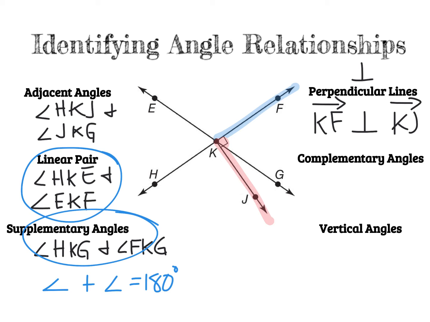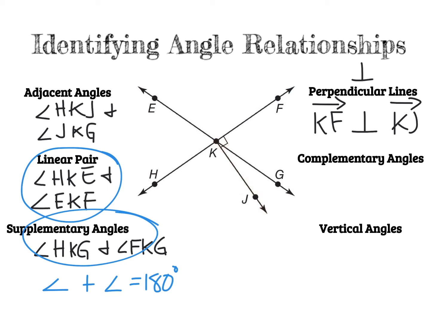Complementary angles is very similar. It's also dealing with 90 degrees. But here you have two angles that complement each other. Two angles that complement each other will always be right for each other. They will meet at 90 degrees. And here's an image. So an example would be like this one here.